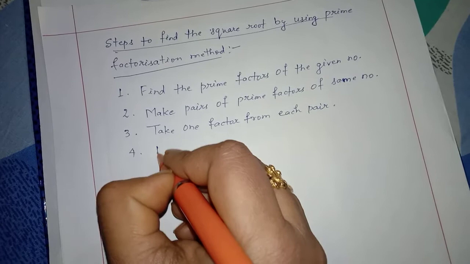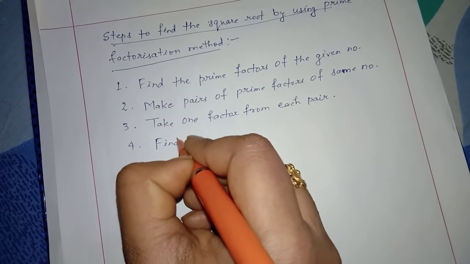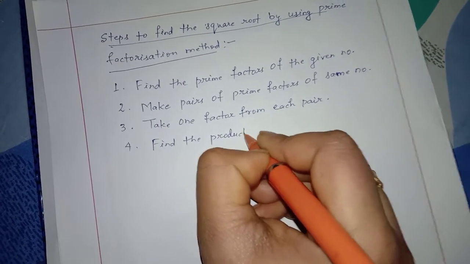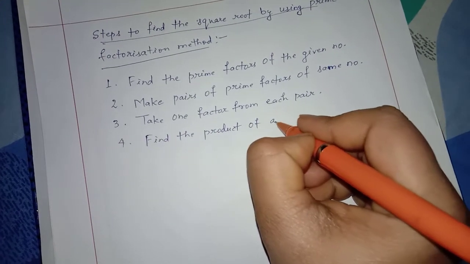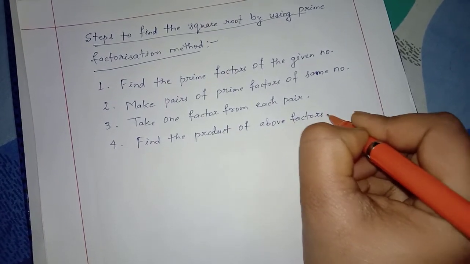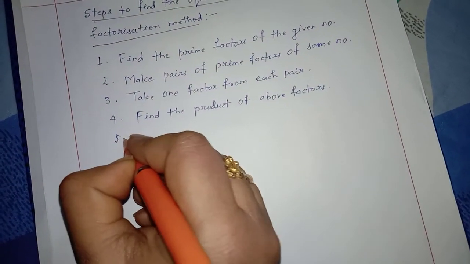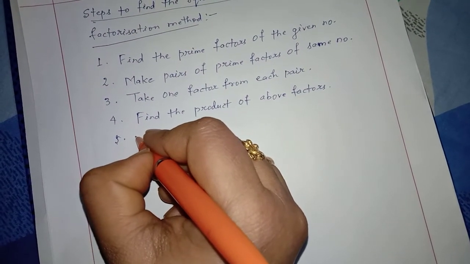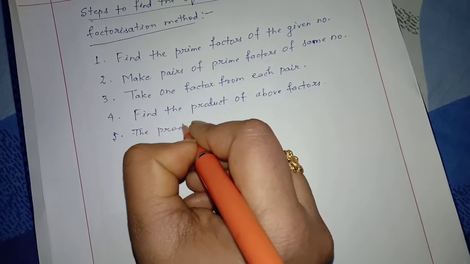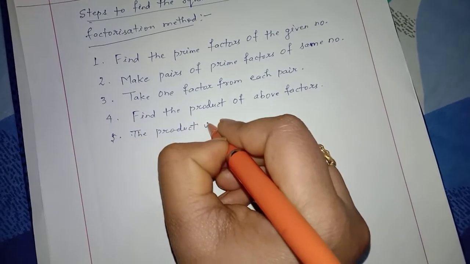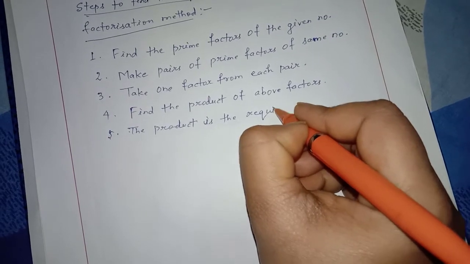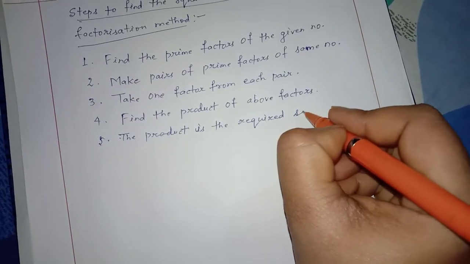Step 4, find the product of the above factors. Fifth and last, the product is the required square root.